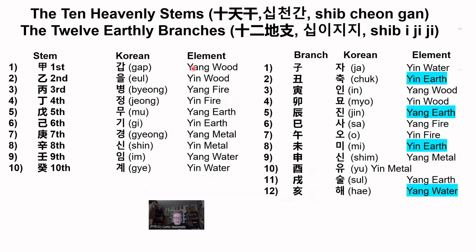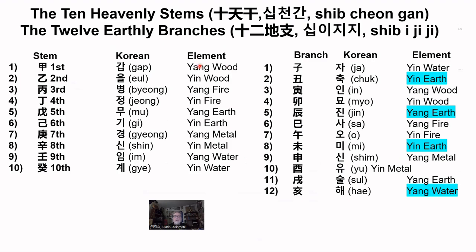One thing I've done on this table is that each of the heavenly stems is associated with an element and with either yin or yang, starting with yang. It turns out that the order of the stems and branches is important, and that's what I'm going to talk about next. In this ordering, the elements go in one of the traditional orders of the elements: wood, fire, earth, metal, water.